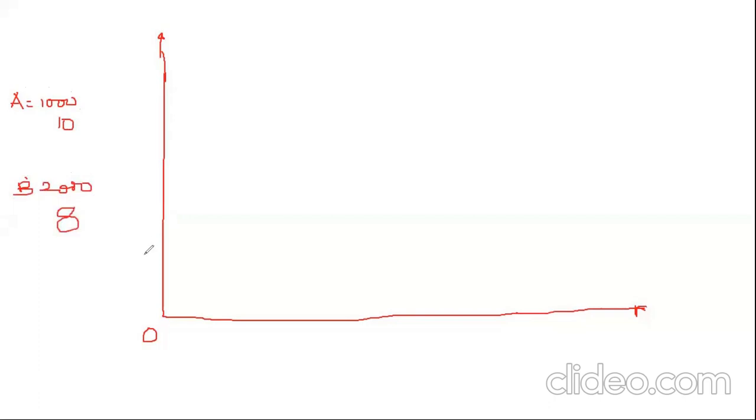So now I will take production on this side: this is 500, this here is 1000, it is 1500, here I am taking it as 2000.